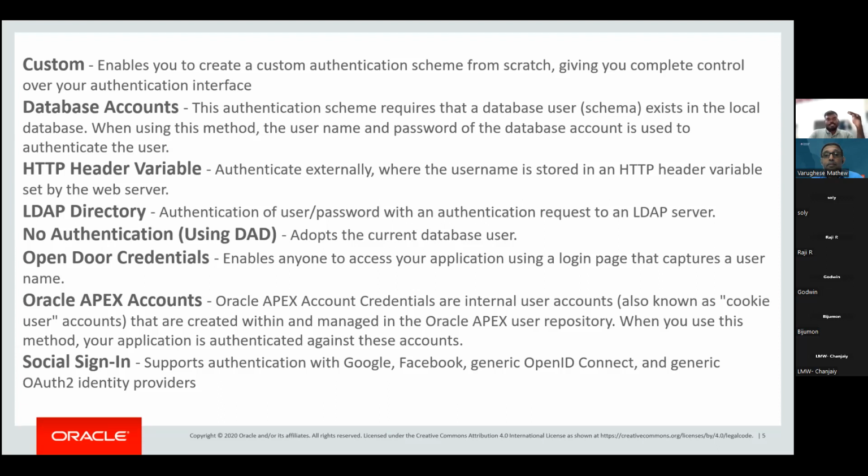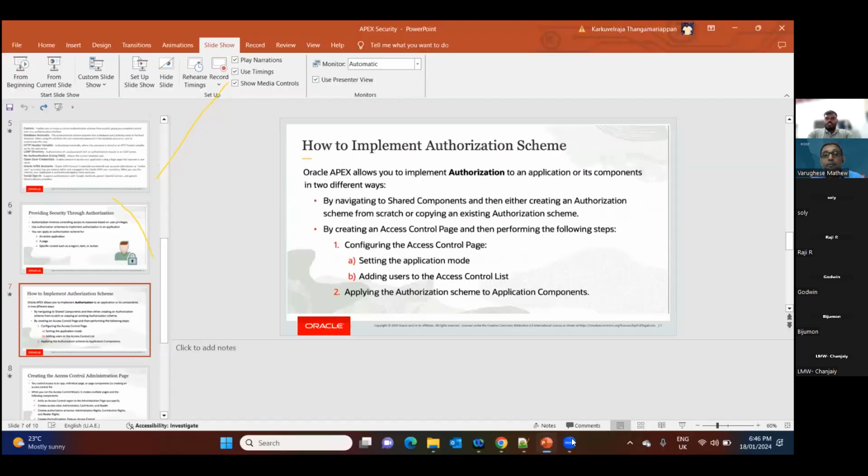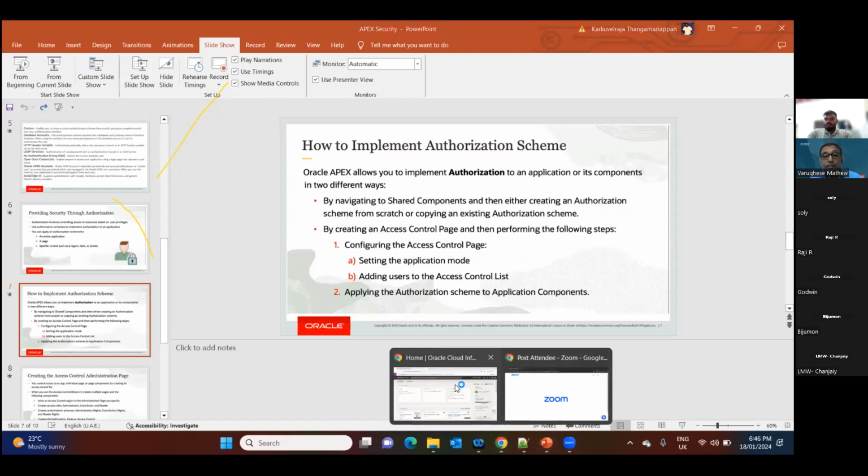Hope you guys are clear with what we have seen so far: custom authentication, no authentication, open door credentials, Oracle Apex accounts, and social sign-in. These are the 5 things we are going to see now in the practical session. Okay. So let's move to the practical session.